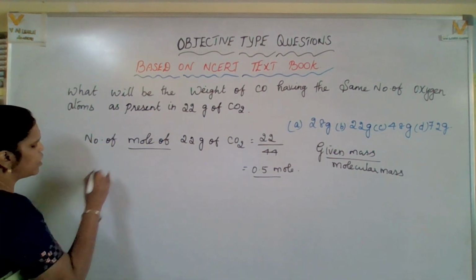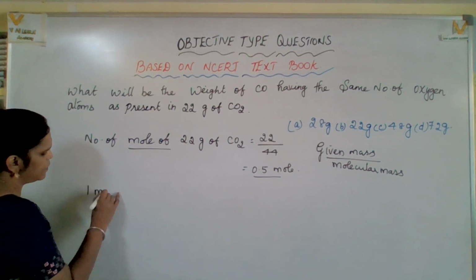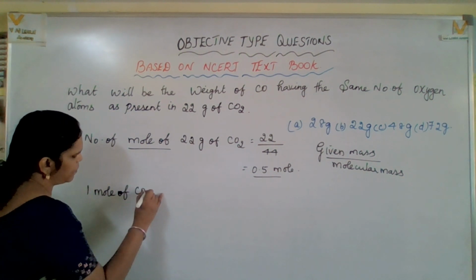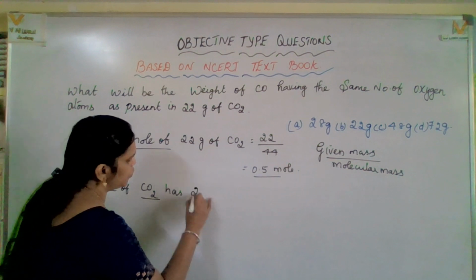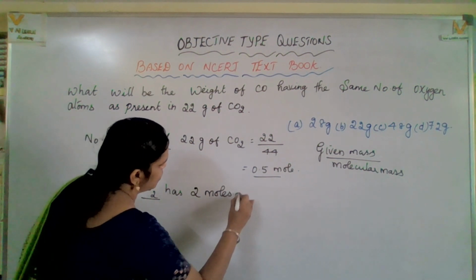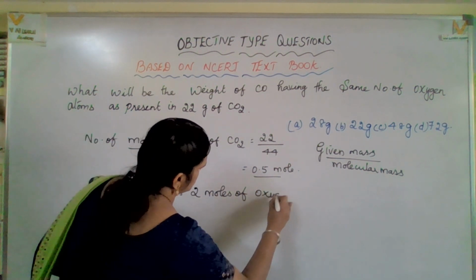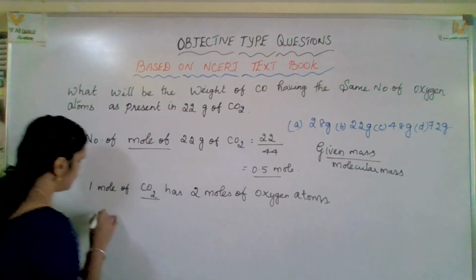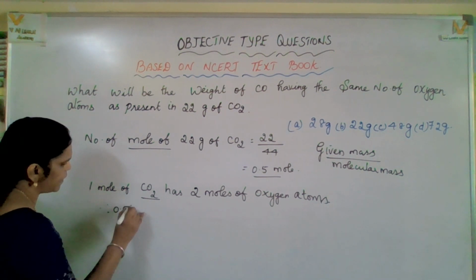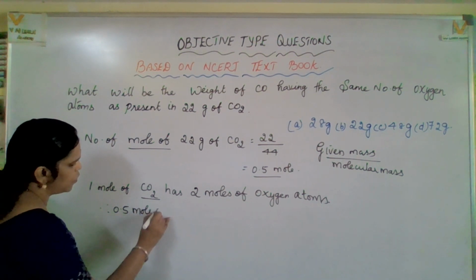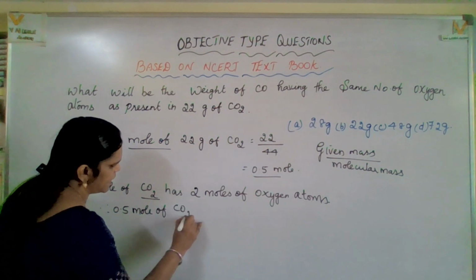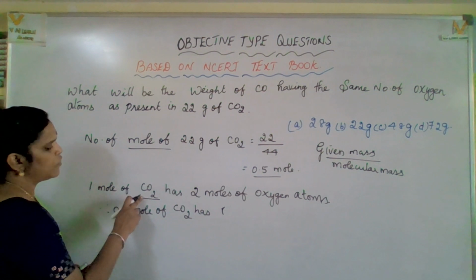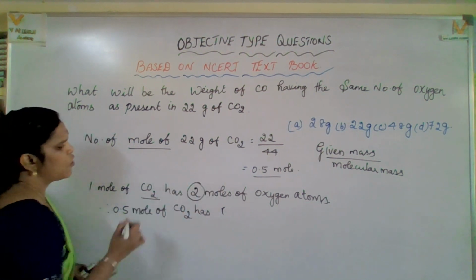Okay. 1 mole of carbon dioxide has 2 moles of oxygen atoms. Therefore, 0.5 mole of carbon dioxide has how many? 1 mole of carbon dioxide has 2 moles of oxygen atoms.